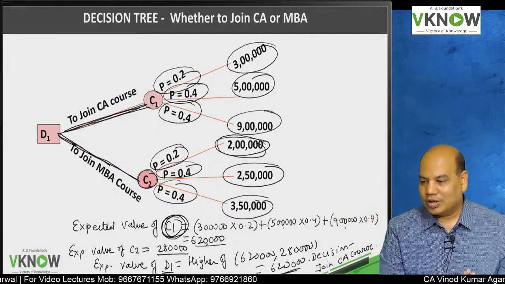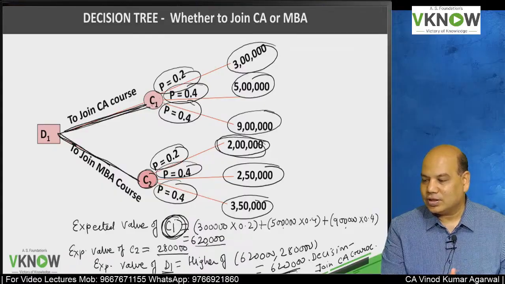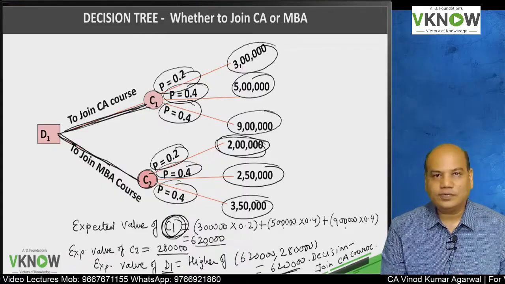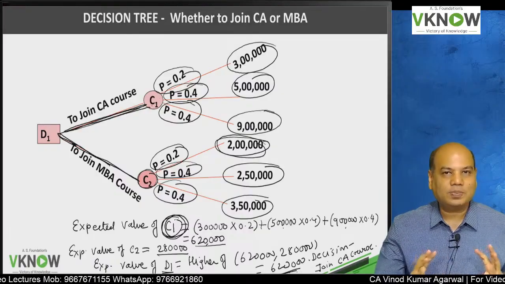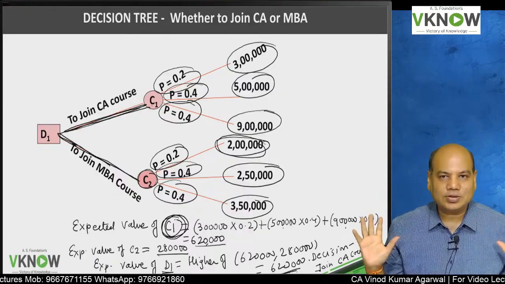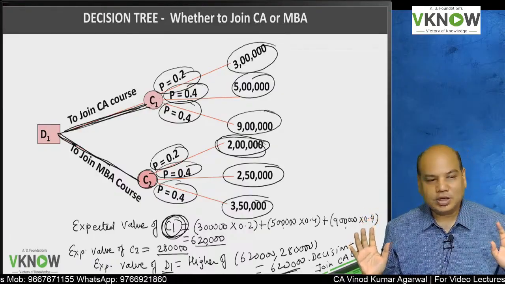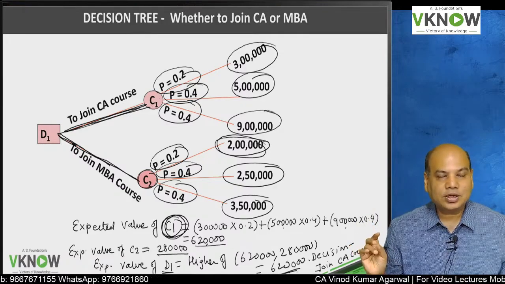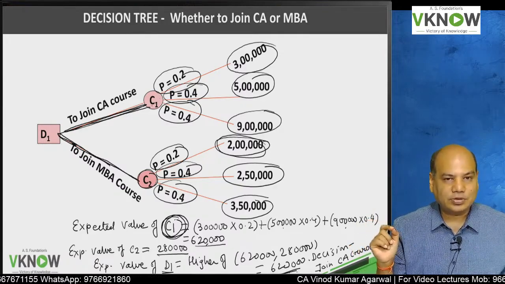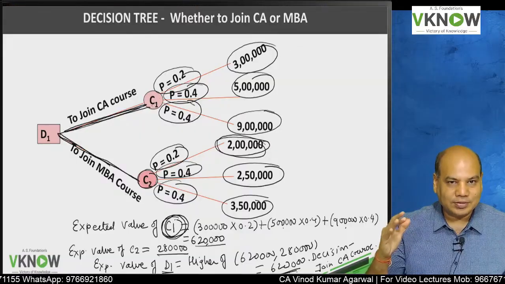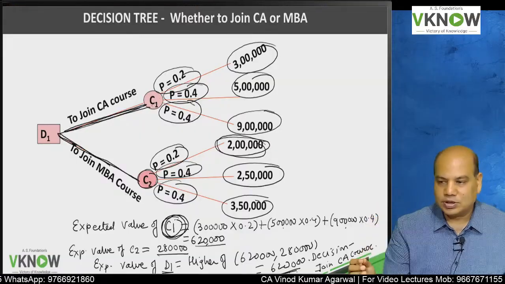Okay, so this was just a simple example of decision tree. It can be applied in many fields. It can be applied in the field of finance also, for taking decision when we have multiple options available.